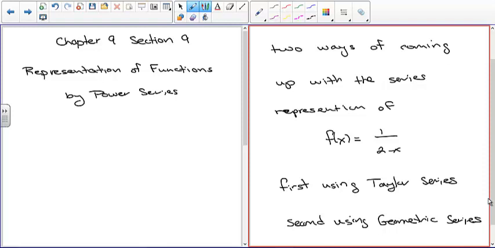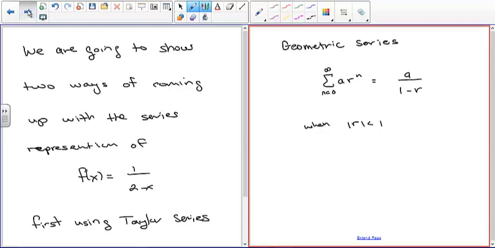So we learned that a geometric series converges if the absolute value of r, which is the common ratio, is less than 1, and it equals a over 1 minus r.